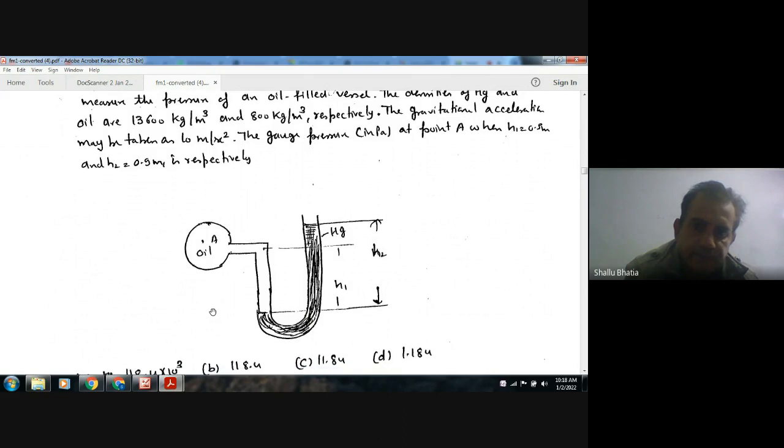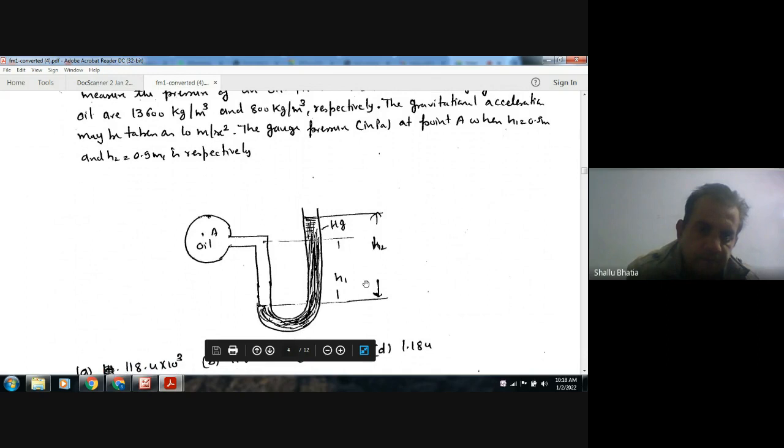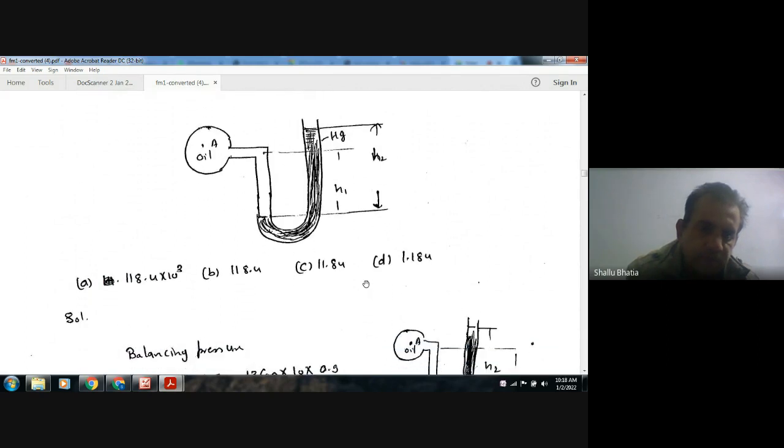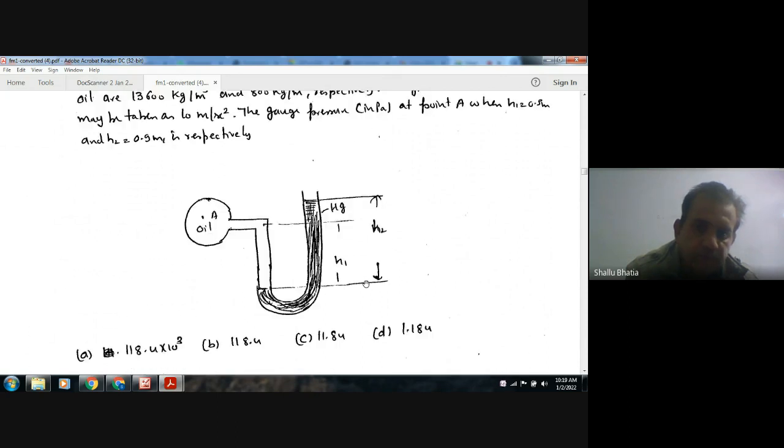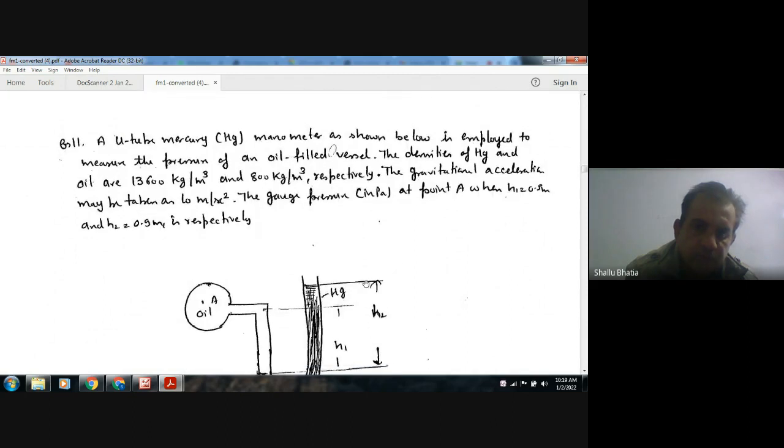The gauge pressure at the point A when H1 is equal to 0.5 and H2 is equal to 0.9 is: options A 118.4, B 10.3, C 11.84, D 1.184. Okay, so it is in kilopascal.